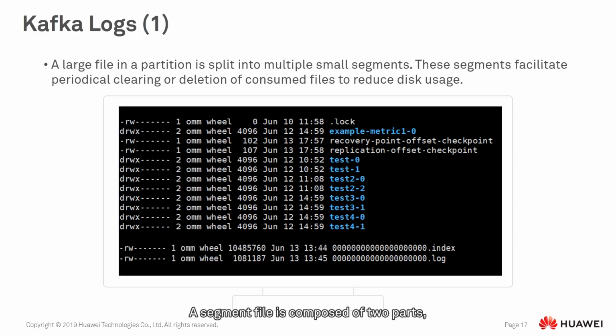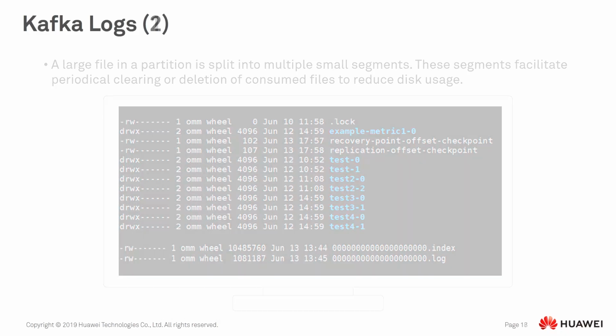A segment file is composed of 2 parts, an index file and a log file. These 2 files have one-to-one correspondence and they come in pairs. The files with the suffixes index and log indicate the index file and segment data file respectively. The index file is used to locate messages quickly.